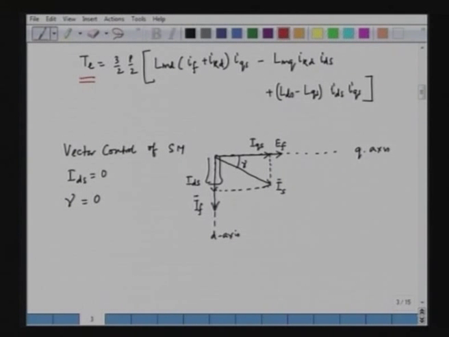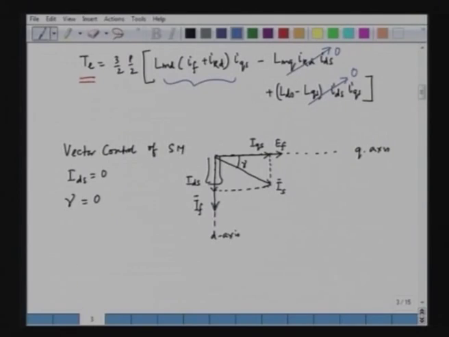If we put IDS equal to 0, this term vanishes. This term is also 0 because it is the product of IDS and IQS. So what we obtain is this term, which is LMD into IF plus IKD into IQS.